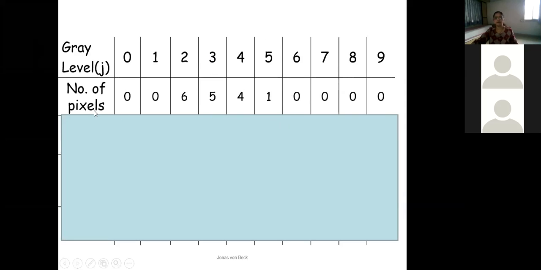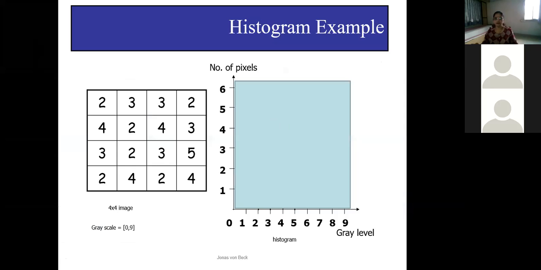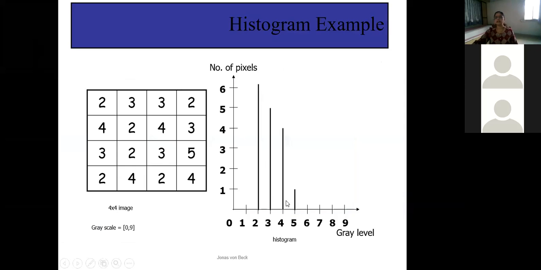And instead of this matrix form, we can also represent the histogram on a graph. So when we plot it on a graph, this histogram will look as shown here. Okay, so there are no pixels belonging to gray values 0, 1, as well as 6, 7, 8, and 9.